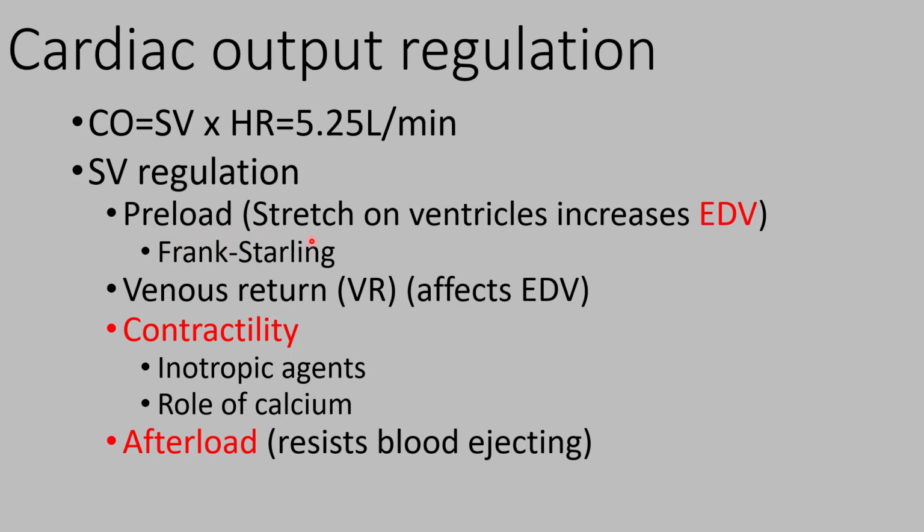That is because of something called the Frank-Starling mechanism. The Frank-Starling mechanism says when muscle is stretched a little bit, it can contract with more force. That's because when we stretch muscle a little bit, we're allowing more cross-bridge interactions to form. And if more cross bridges are forming, then the heart can contract with more force.